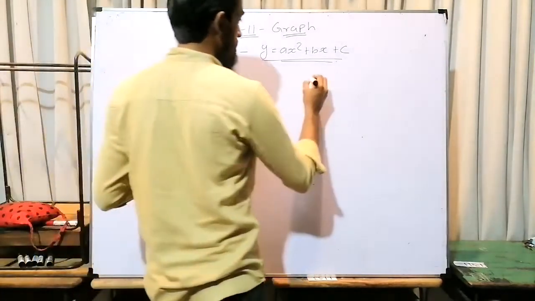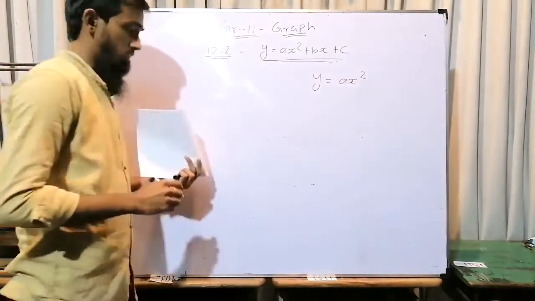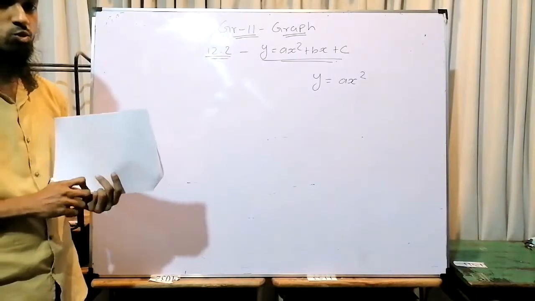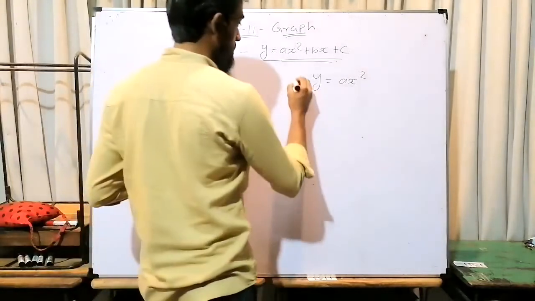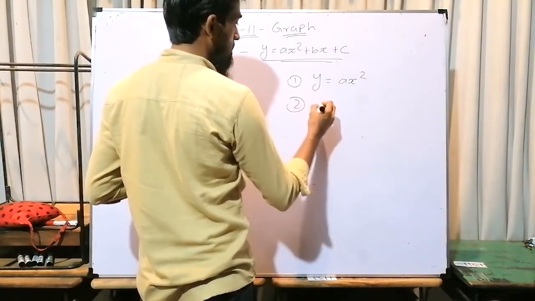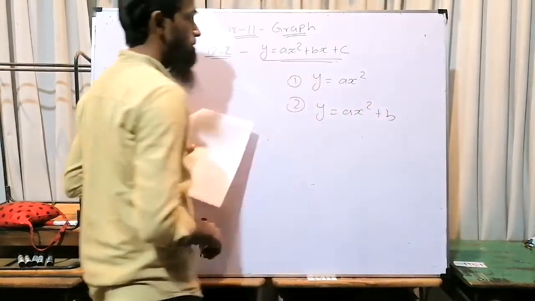So in grade 10, we studied y equal ax squared. The equation form is y equal ax squared. And then the second one, y equal ax squared plus b.